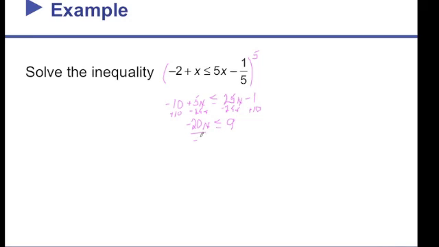Now I'm going to divide by negative 20. Dividing by negative 20 changes the negative to a positive and the positive to a negative. It's negative 9/20. As I change those signs, I also have to change this one. So instead of less than or equal, it is now greater than or equal. Remember to change the inequality if you multiply or divide by a negative.